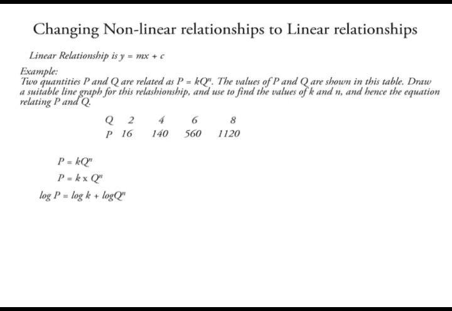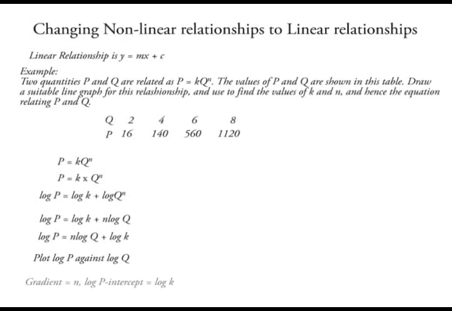Again, we had another law of logarithms, and if we apply it, we shall have log p = log k + n log q. Rearrange that, log p = n log q + log k. Now that looks like y = mx + c. We plot log p against log q. n will be the gradient and log k the intercept.